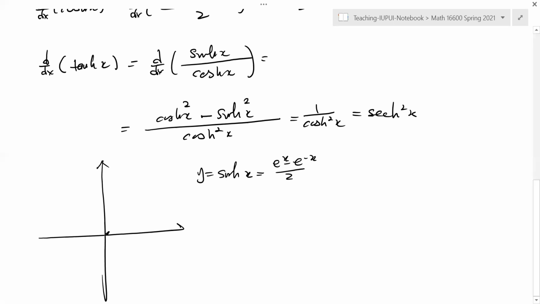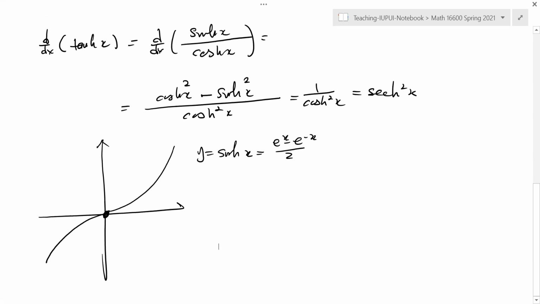So it goes through the origin, and I guess it looks like a parabola. This is an increasing function, so you can find the inverse by reversing the procedure. You get x to be the hyperbolic inverse, the inverse of the hyperbolic function.